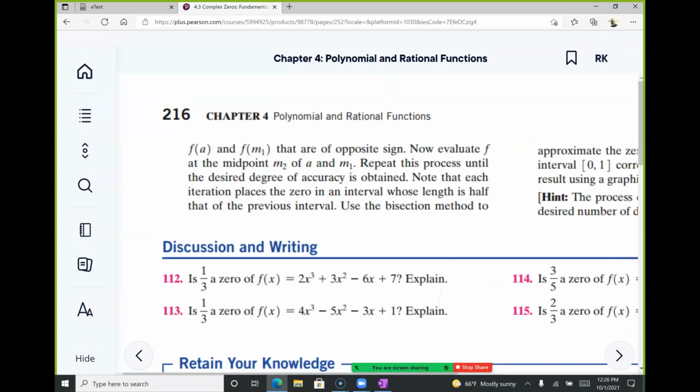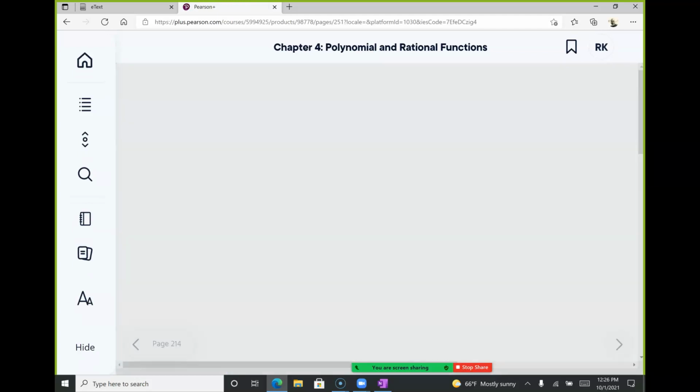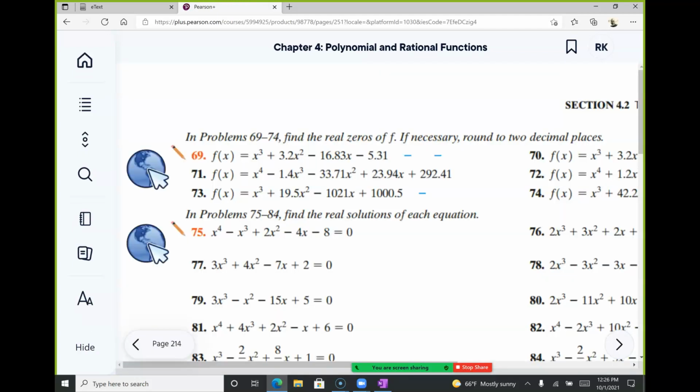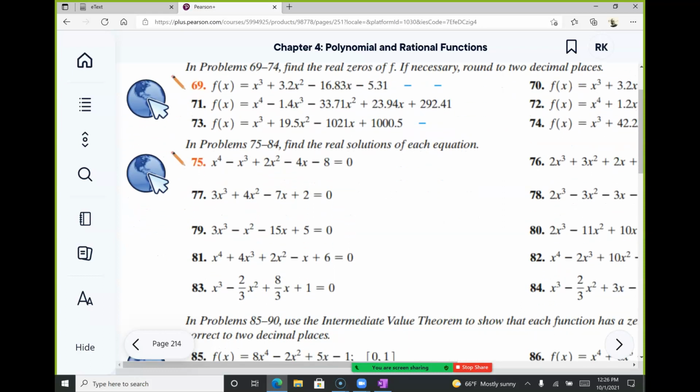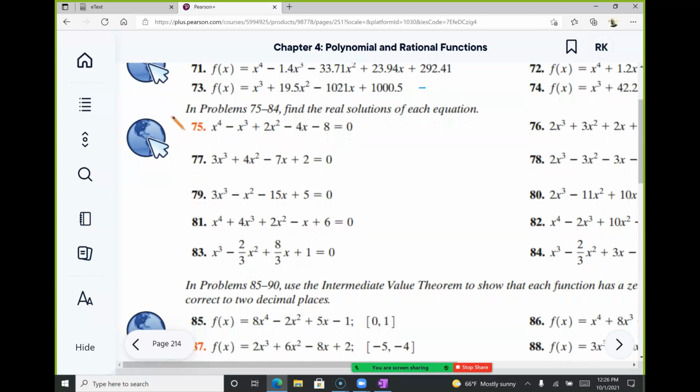So let me pick a problem from this section. I think I like 81 here. Let's do 81. So our process so far, we're trying to factor this with real zeros.